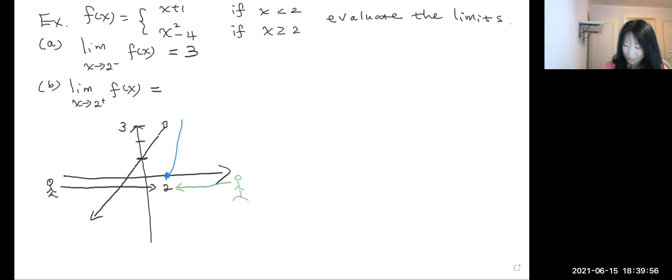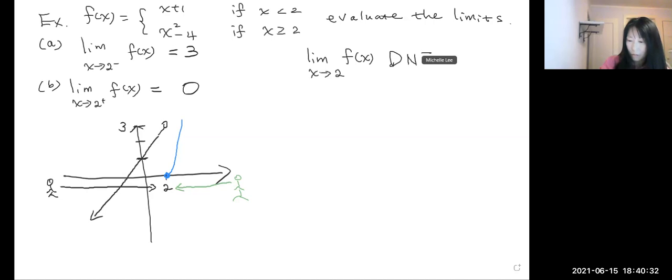Excellent. Look, from the left is a 3, from the right is 0. The numbers do not agree, right? So if they ask us for the limit as x approaches 2, meaning from left and from right, then we can say that it does not exist. DNE means does not exist, right?